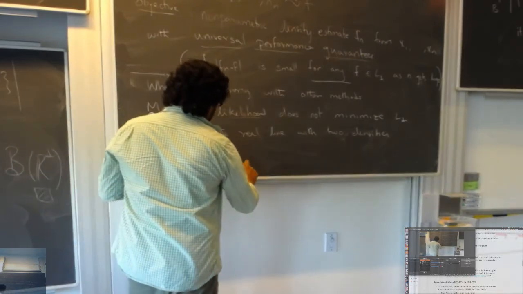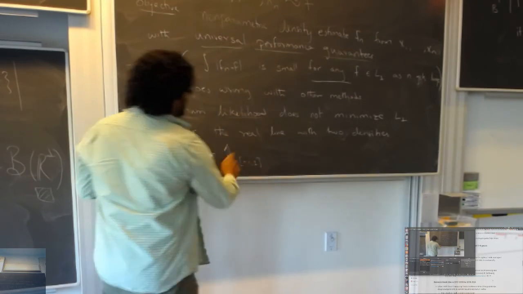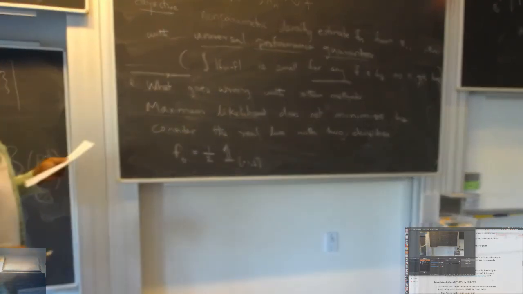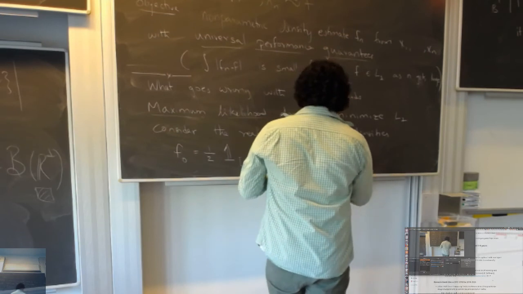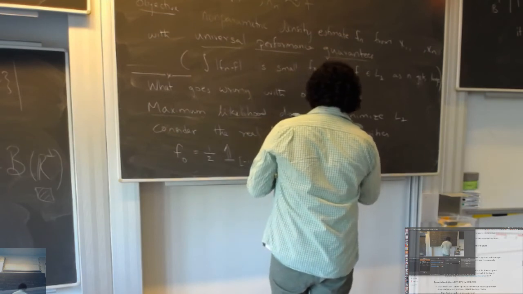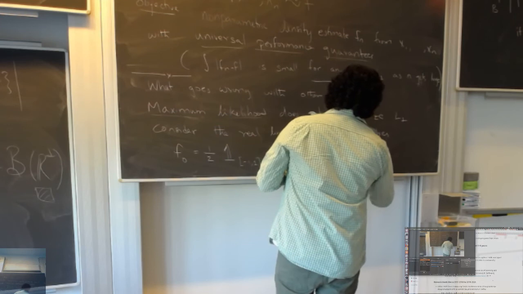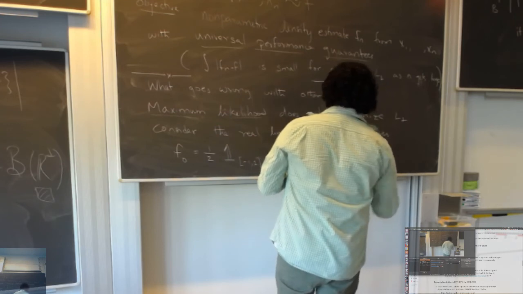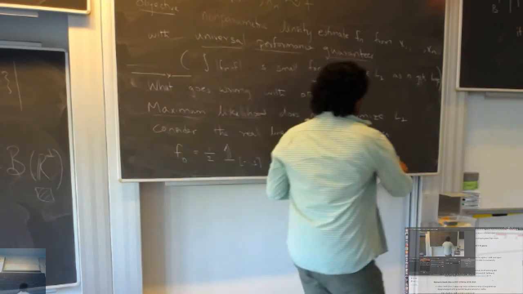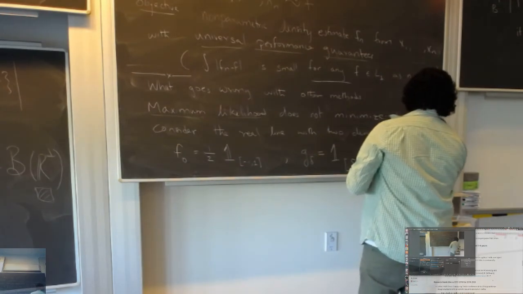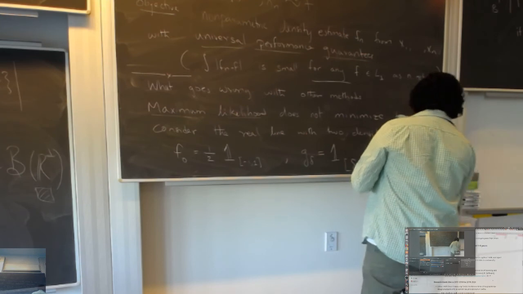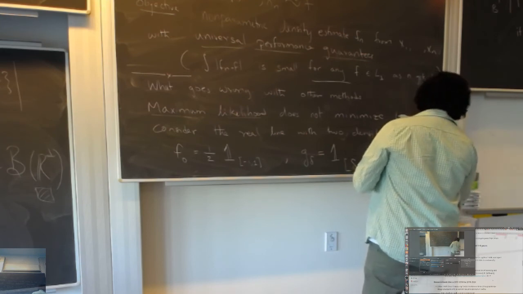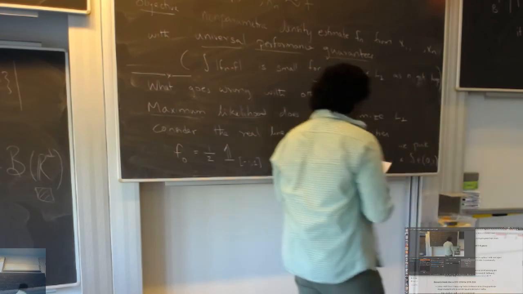It's the uniform density on minus 1, 1. And let the second density be g delta. And g delta is simply the uniform density on delta, 1 plus delta. And we pick any delta in (0, 1), a small delta or whatever.